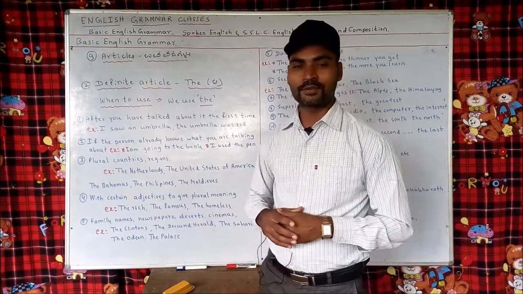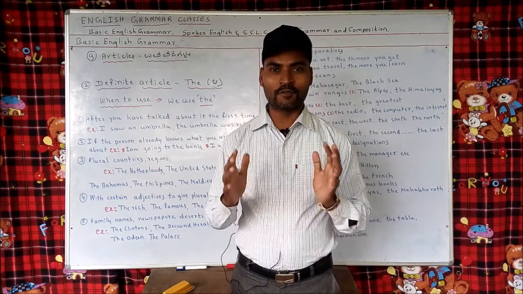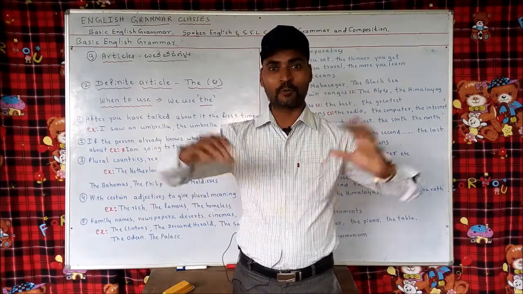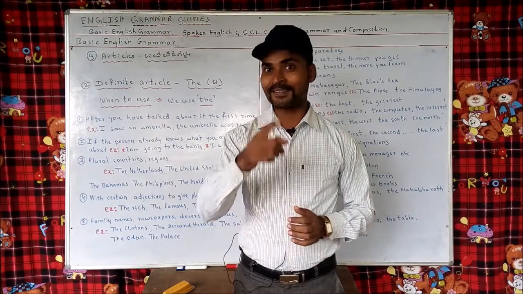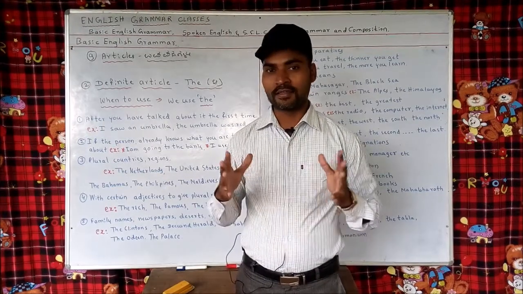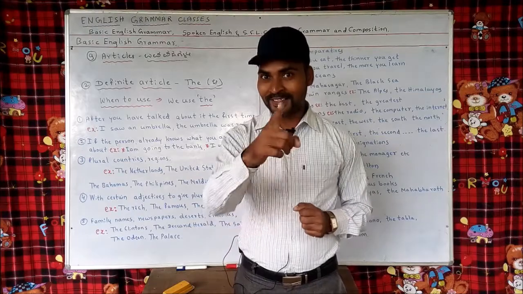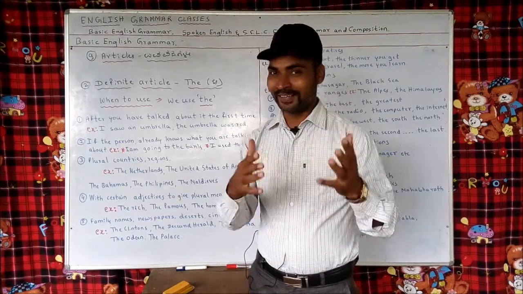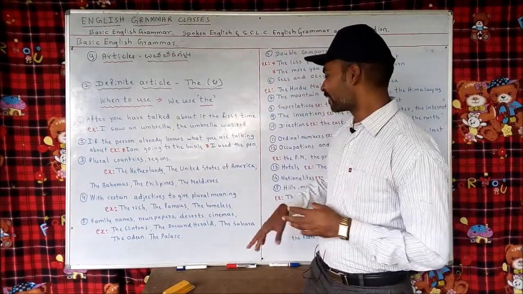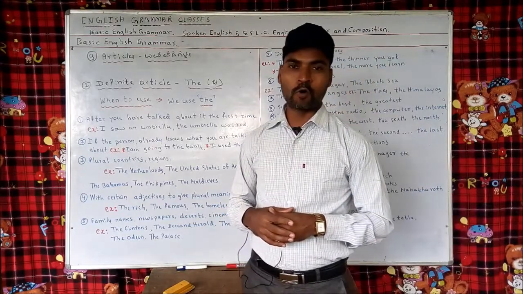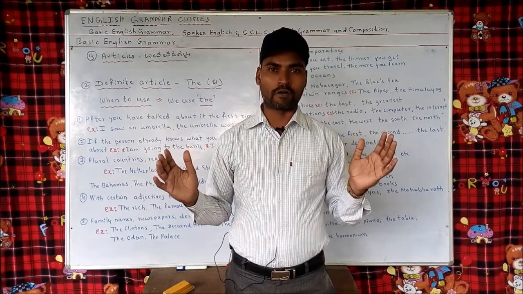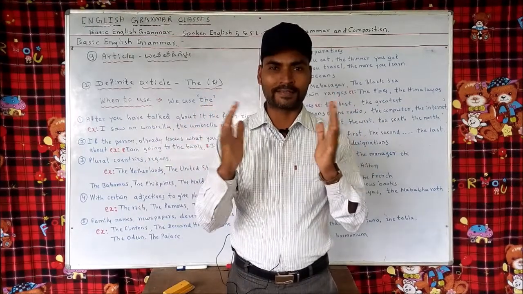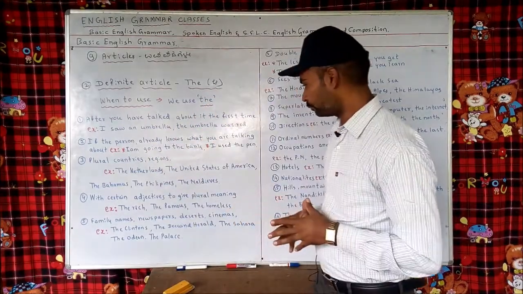The famous, here the word famous is representing so many famous people. The famous are always great people. The rich are always greedy people. Just for the example's sake I am saying this. The homeless means so many homeless people are there. For all of them we say the homeless.